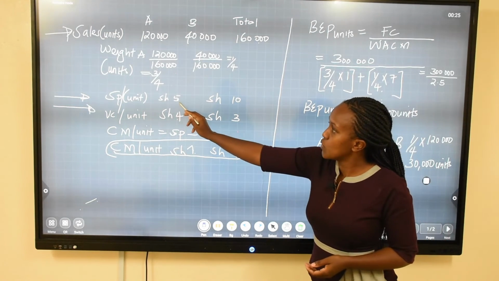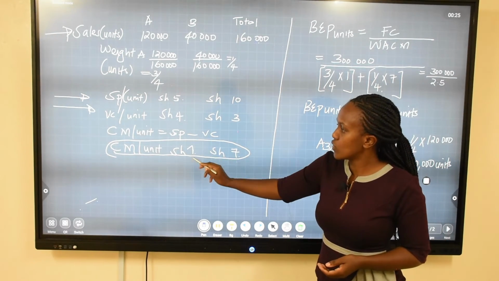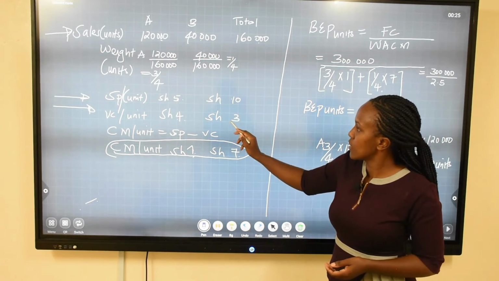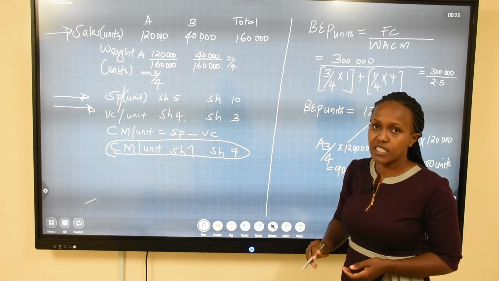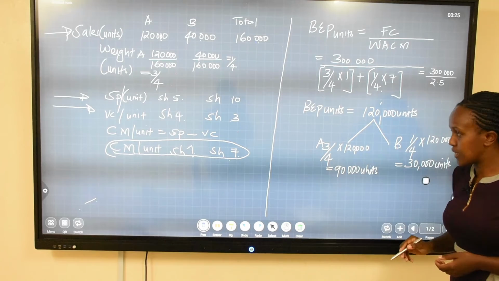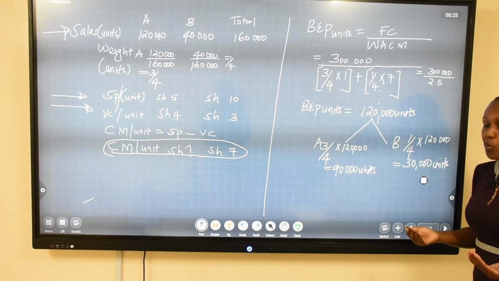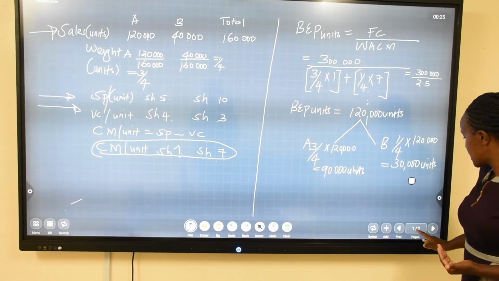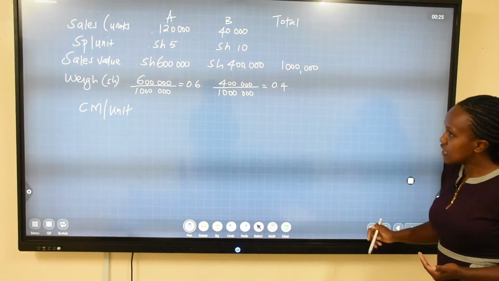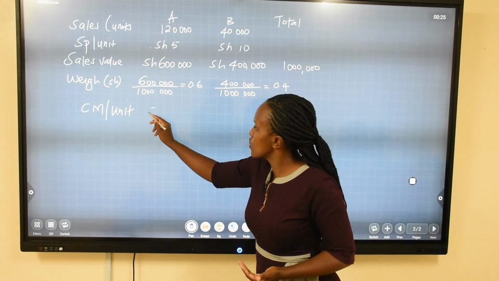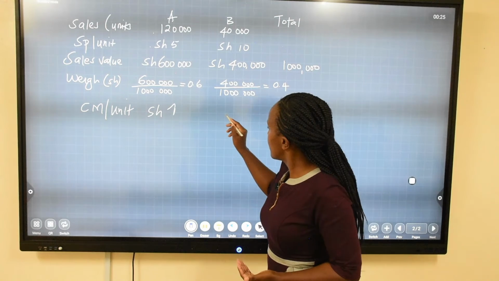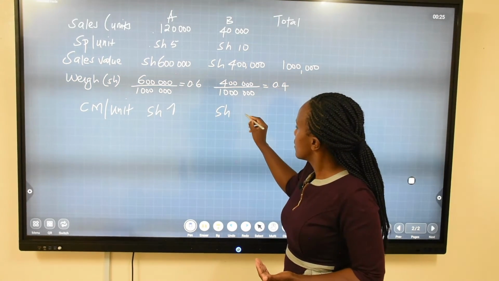Again, it was the difference between selling price minus variable cost. You get contribution margin. So it was simply 1 and 7. So these ones we do not need to recompute. They are the same, the contribution margins. So you can simply bring it here that the contribution margin is shillings 1 and shillings 7.